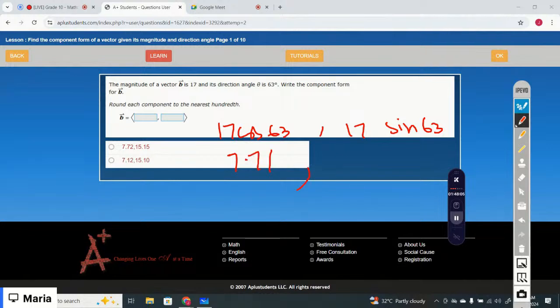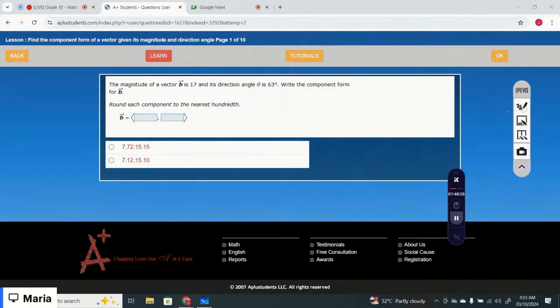And now sine 63 and multiply by 17, that is 15.15. So that means option number 1 is the correct option. They are 7.71 and 15.15. So option number 1 is the correct option.